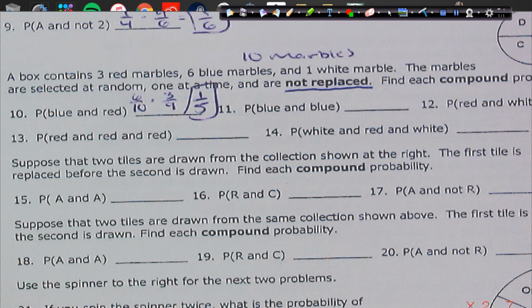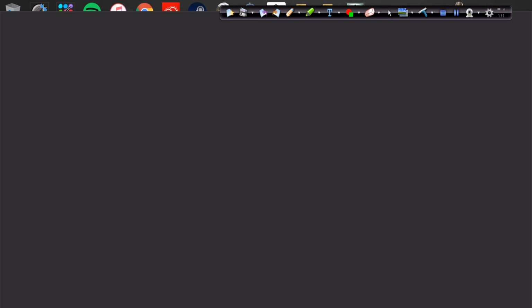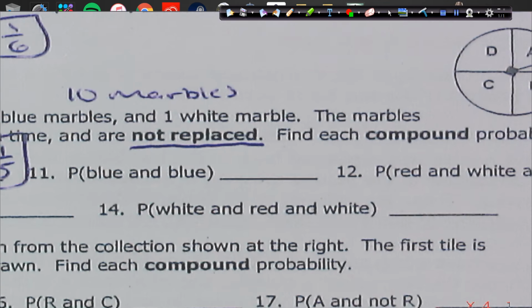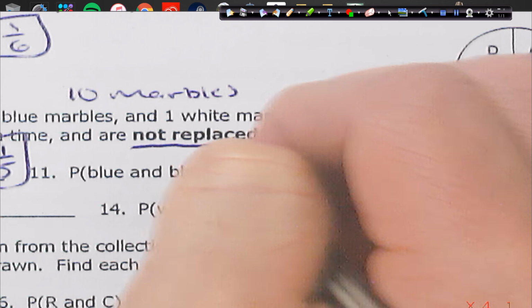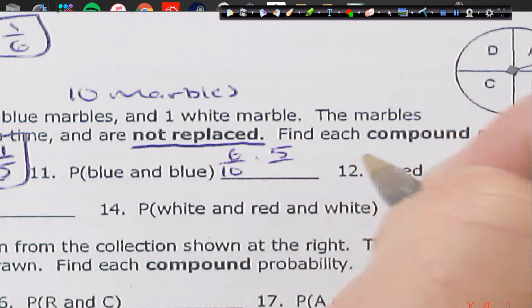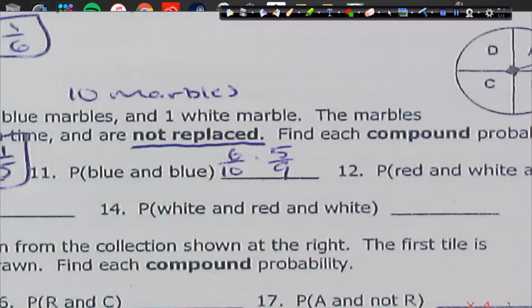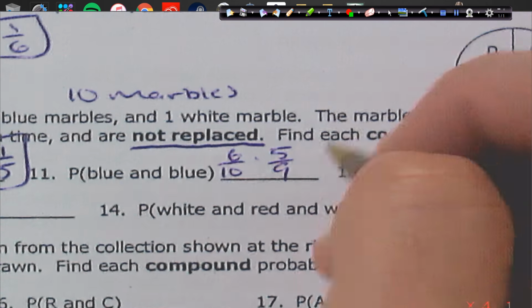I'm going to zoom in even more here. I think that should help. Okay, blue and blue: that would be 6 out of 10, and then 5 out of 9, because we have 1 less blue and 1 less marble. 6 times 5 is 30 out of 90, and that will give us 1/3.